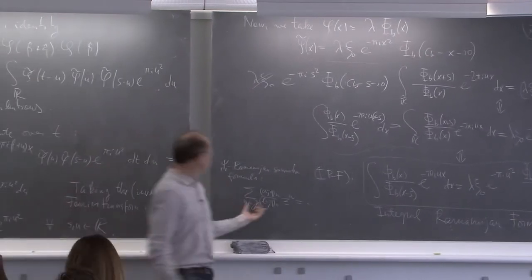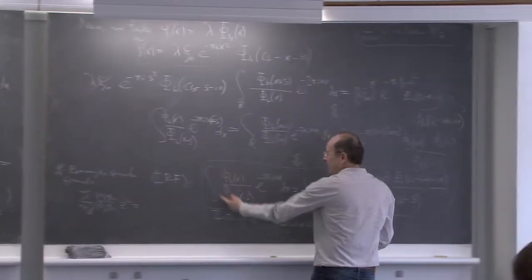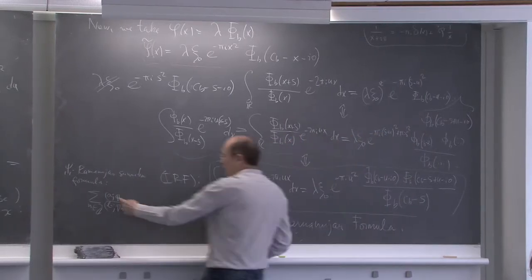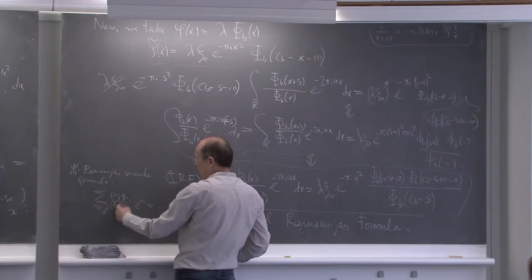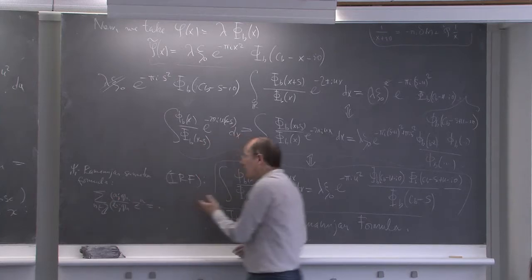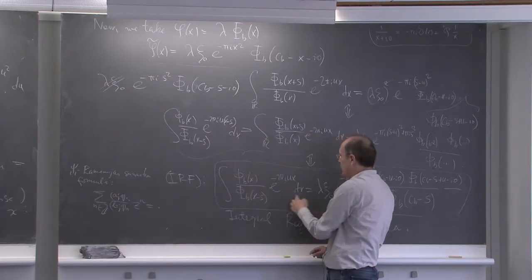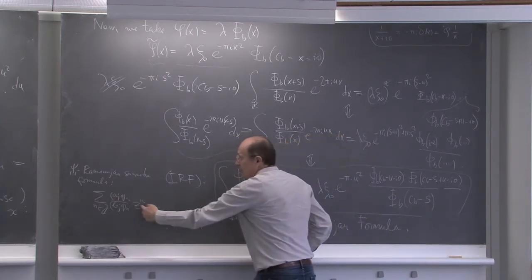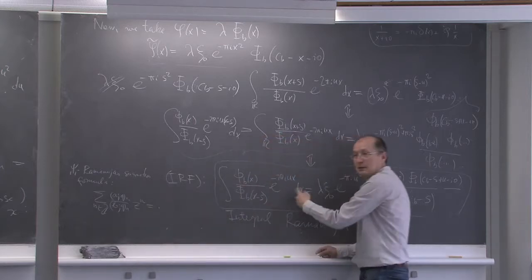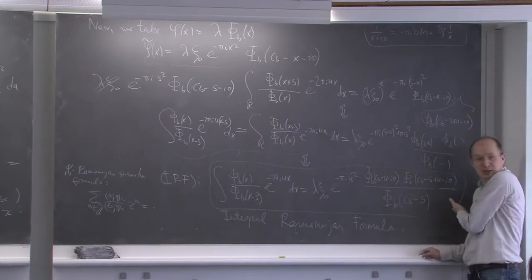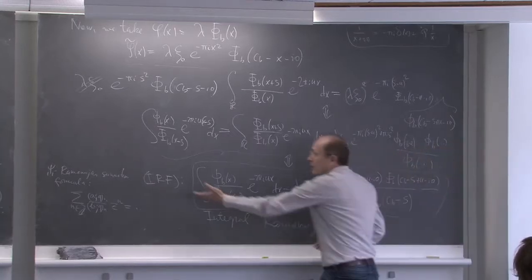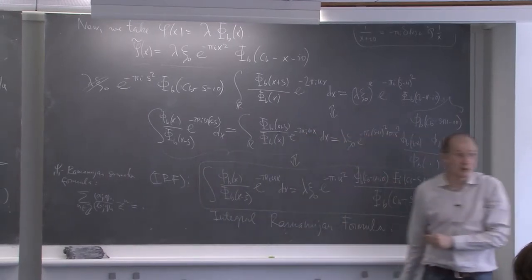If you look at least at the left-hand side, you replace these quantum products by this phi d function, then the summation is replaced by a Fourier integral, and you get something known, likewise in the Ramanujan summation formula.